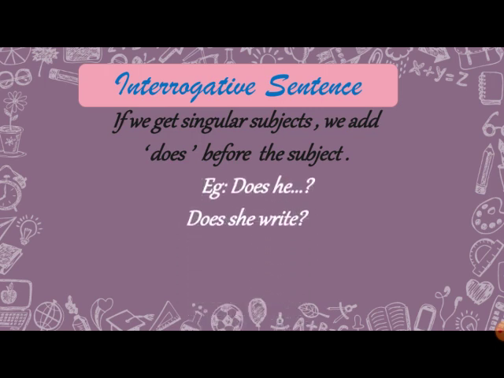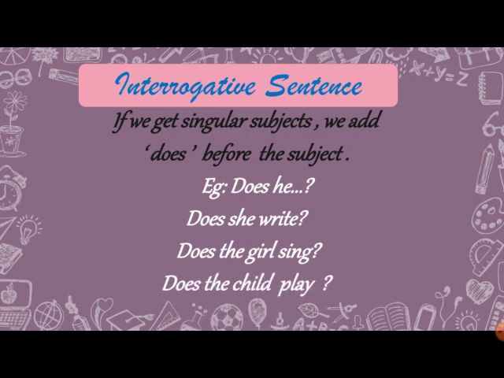Does she write? Does the girl sing? Does the child play? Always remember, whenever you are using do, does, did, always use the root form of the verb. No s, no es, no ed.